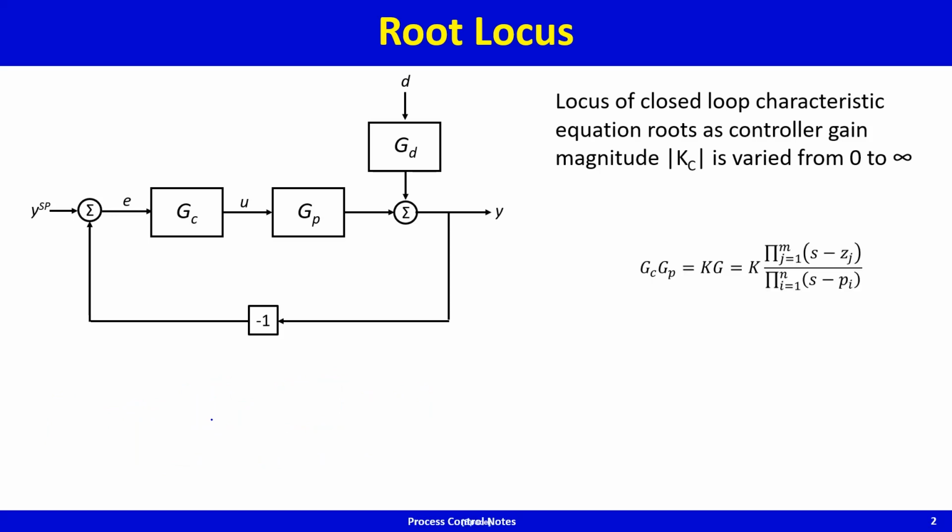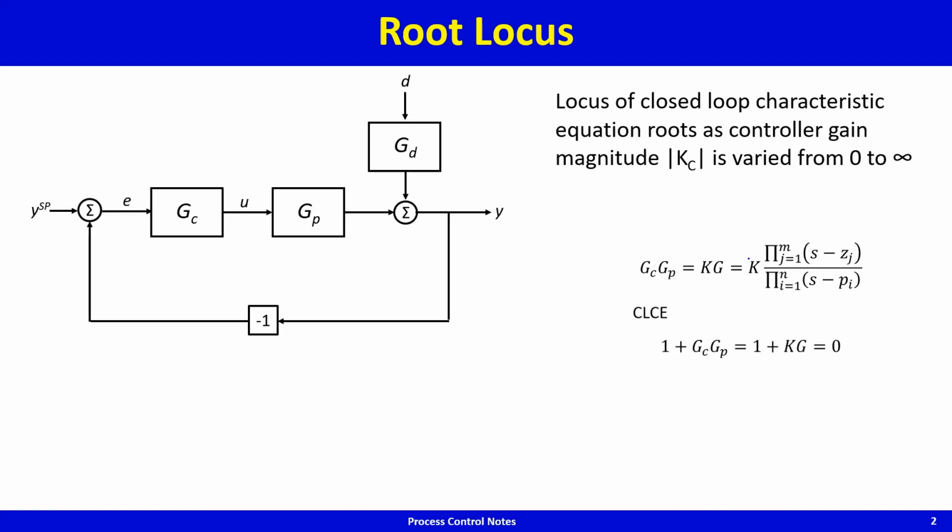So if you look at the feedback block diagram on your screen, the loop transfer function is GcGp, and you can take a gain out, and then you will have a numerator polynomial in s and a denominator polynomial in s, which can be factorized into a bunch of zeros and a bunch of poles. And so you have GcGp equal to Kg, where g in general is as shown here, and K is a parameter which is the loop gain, which we are going to adjust.